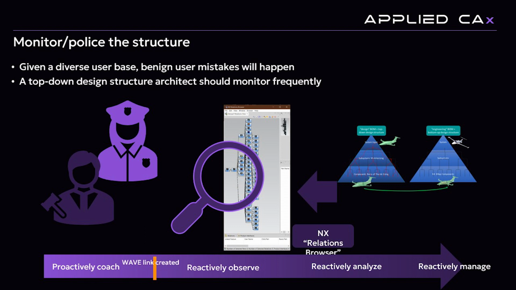For those that need to know, analyze it, use this, but monitor and police the structure. Have someone in charge of that assembly, seeing if everything is staying well maintained and not getting too crazy. And coach people. Don't leave it alone or it'll become messy.